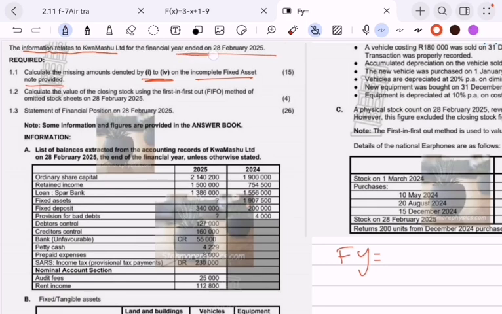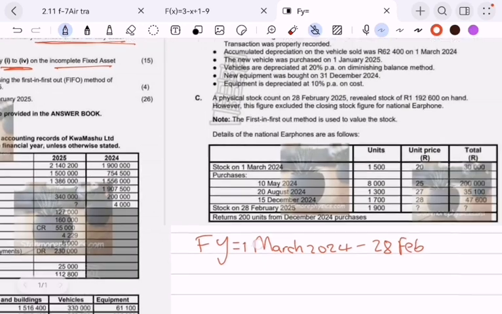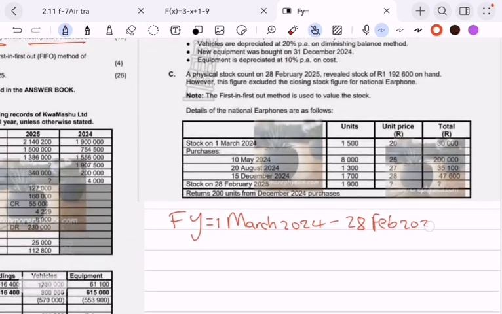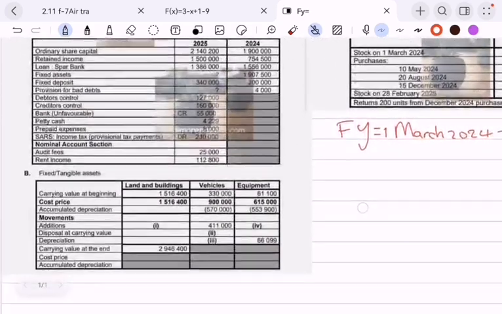So if the year ends on 28 February 2015, it means it began on the 1st of March 2024 and it will end on 28 Feb 2025. Beautiful. Right. So let us start.